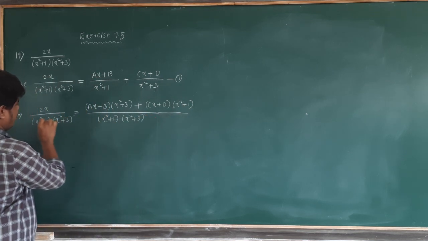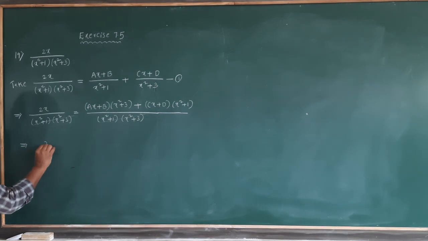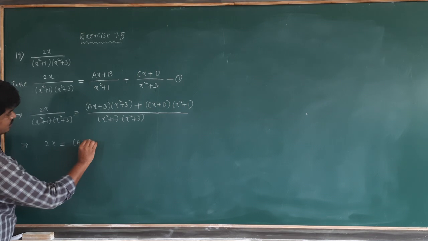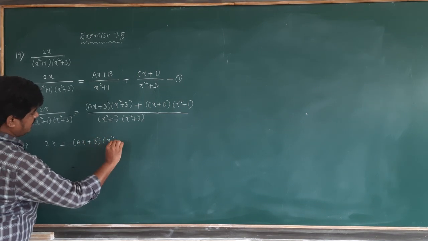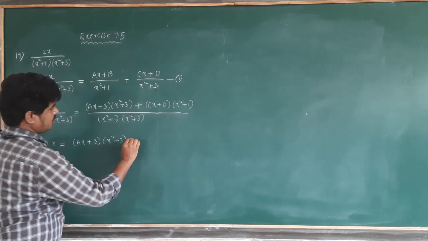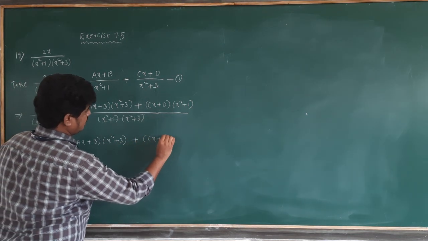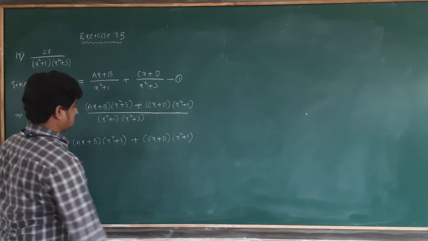By cancelling these denominators, what do we have? 2x is equal to (ax plus b) into (x square plus 3) plus (cx plus d) into (x square plus 1).